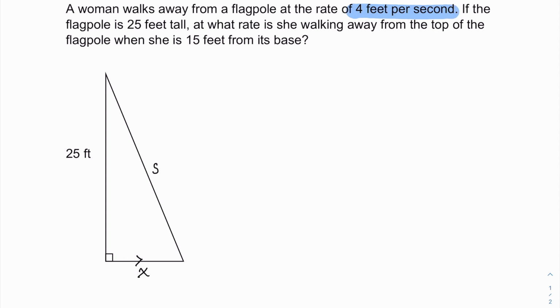Since that's her distance from the flagpole, and a rate is the change of distance with respect to the change in time, we have that dx/dt, the change in her x distance away from the flagpole with respect to the change in time, is 4 feet per second.